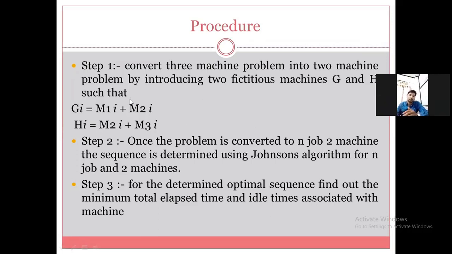Here we need to consider two hypothetical machines, G and H. The processing times on the G and H machines are calculated using two formulas. For the G machine, G_i equals M1_i plus M2_i. For the H machine, H_i equals M2_i plus M3_i.